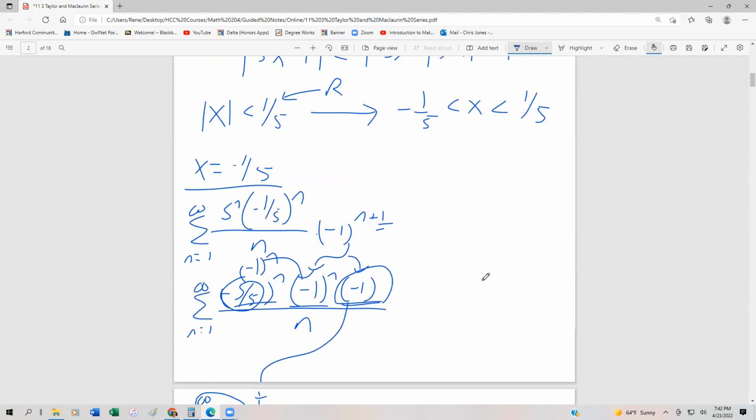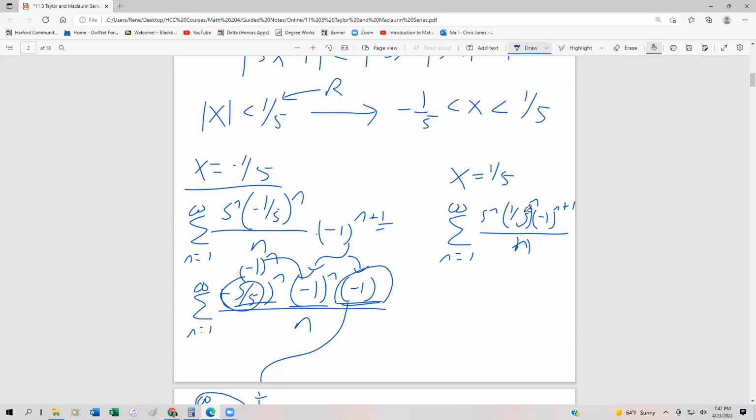Now we still have to do the other side where x is equal to positive 1/5. This one's going to give us a convergence, because this is going to be our series n equals 1 to infinity, 5 to the n, 1/5 to the n. And then we have that (−1)^(n+1) divided by n. Let me erase this, make it look like a real 1/5.